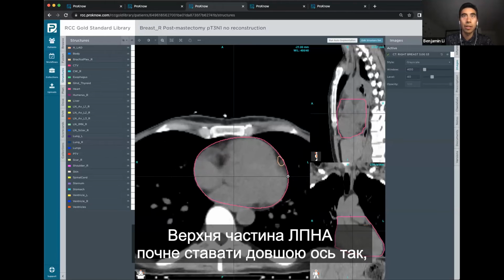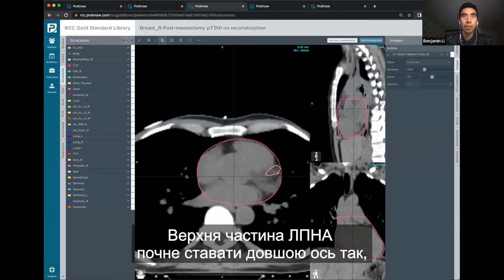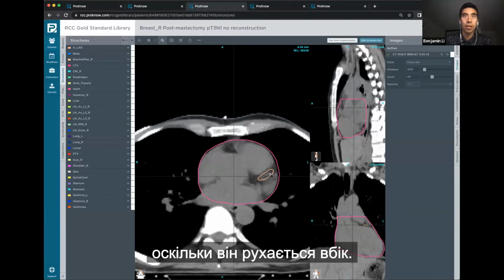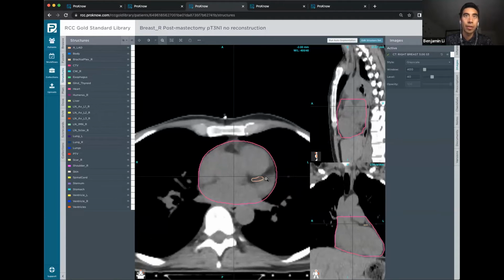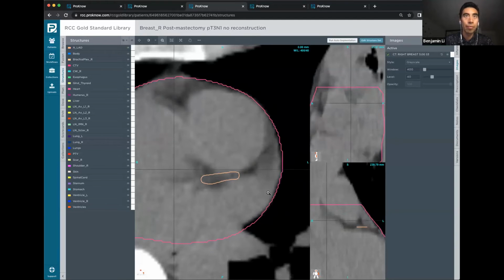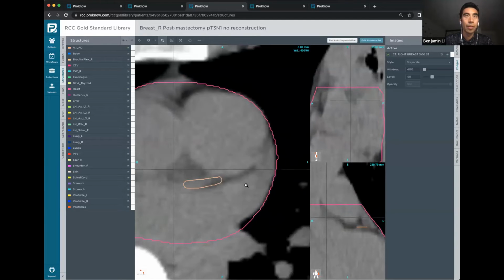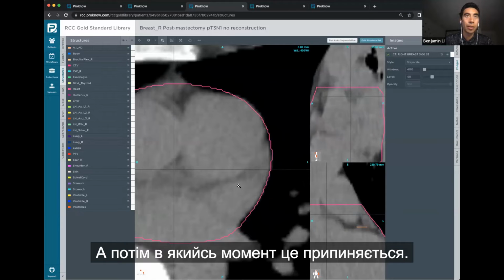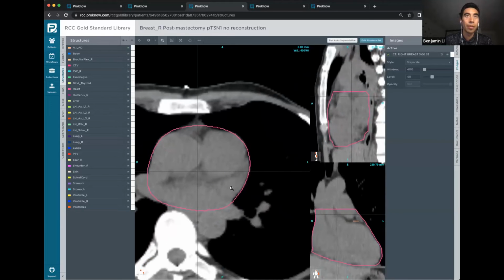The top of the LAD, it's going to start to get long like this as it's going sideways. Hopefully you can see this. And then at some point it stops.